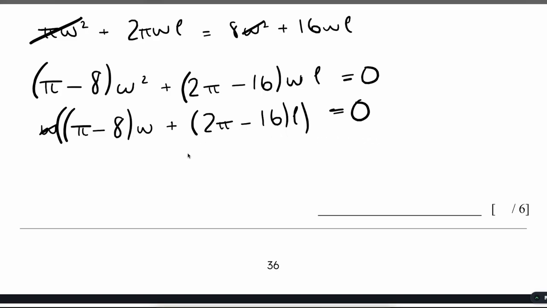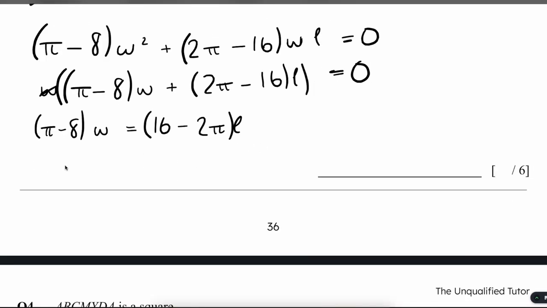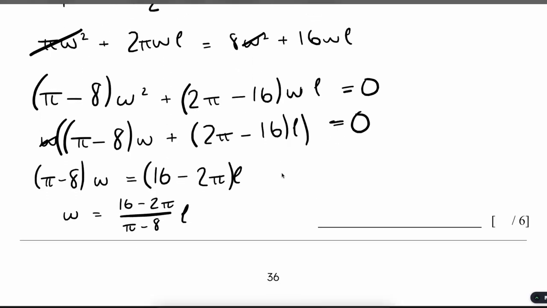We need to find W in terms of pi and L, so we're going to use pi minus 8 W equals, and then we're going to subtract this, so we get 16 minus 2 pi L on the other side. And then we're going to divide by pi minus 8, so we get 16 minus 2 pi over pi minus 8 on the bottom, L, and that is equal to W. So that is our final answer.